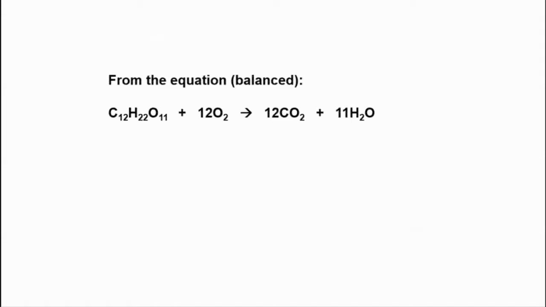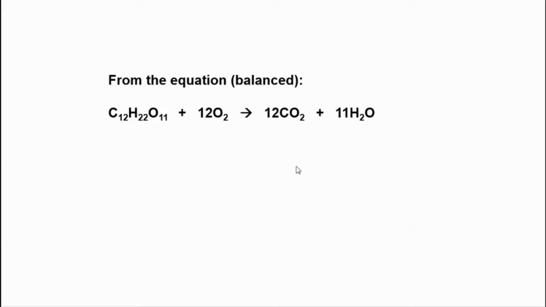Then we look back at the given equation, but in the question, the given equation is not balanced yet. What we need to do is balance the equation, and if you balance it correctly, this is how it looks. So this is the balanced equation.